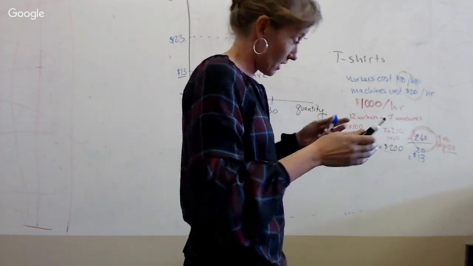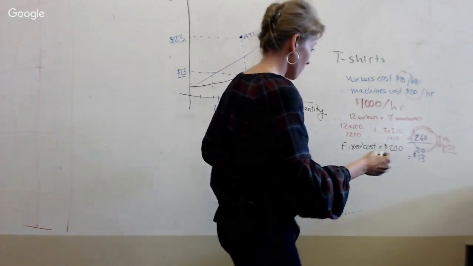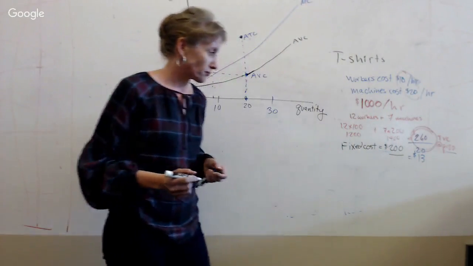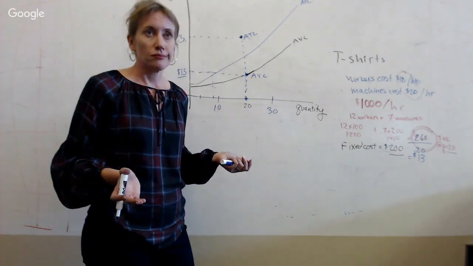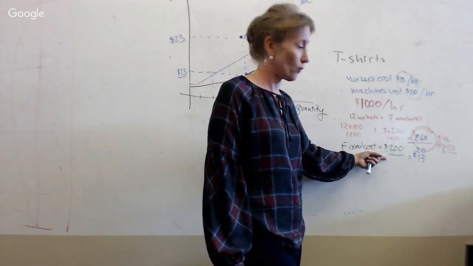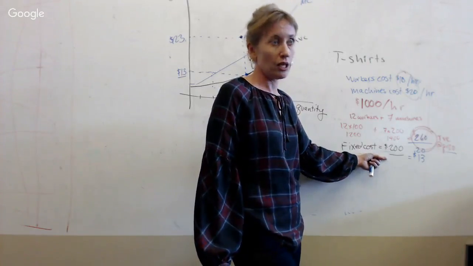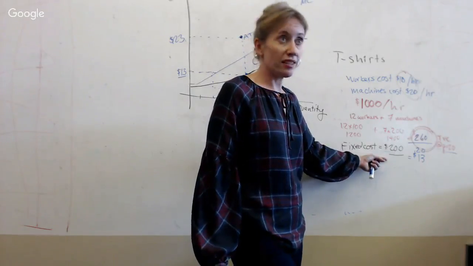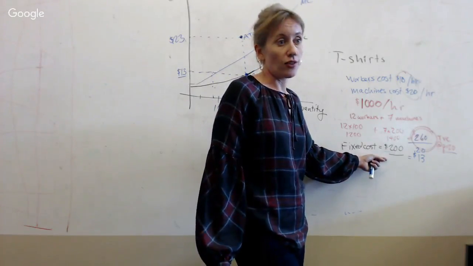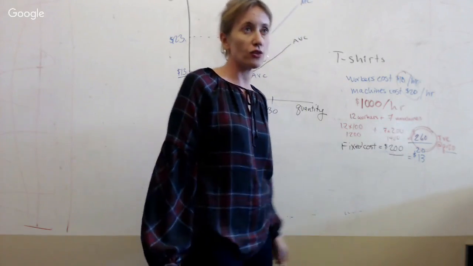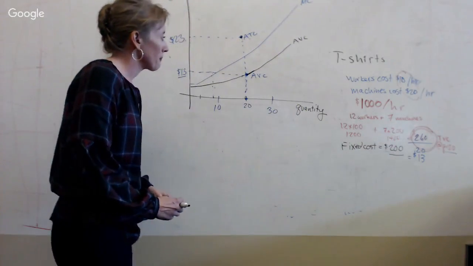So let's think about what happens to our average fixed cost as we increase output. It's always declining because we have to pay $200 no matter what. So if we produce one t-shirt, our average fixed cost is $200. If we produce 10 t-shirts, our average fixed costs are $20. 20 t-shirts, $10, and so on. So our average fixed cost is always falling.